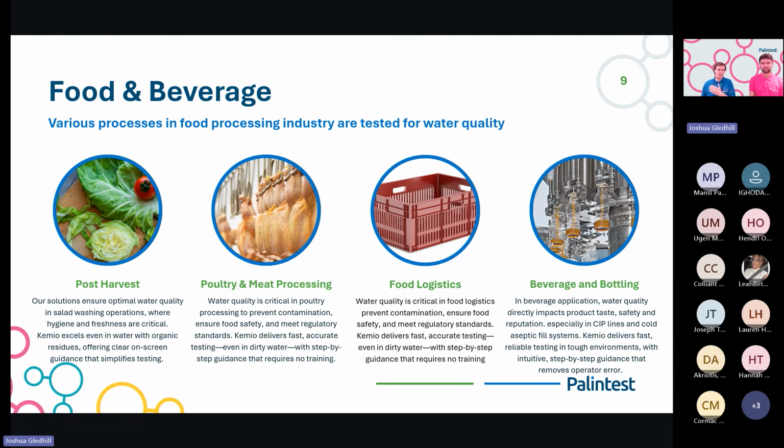Again, disinfectant is used to wash the equipment, and in some countries actually to wash the produce as well. Food logistics, so this is the crates that carry the food all around the country. Again, they need to be disinfected for harmful bacteria that could leach onto the produce and cause issues with the end user. And then beverage and bottling.